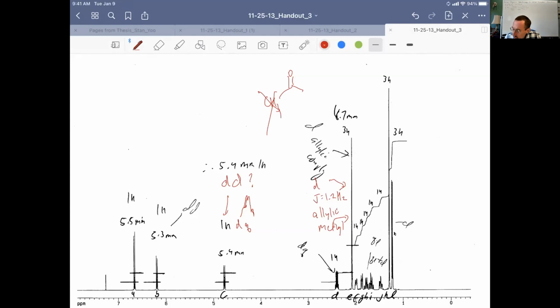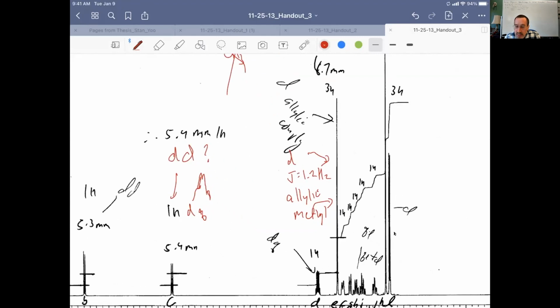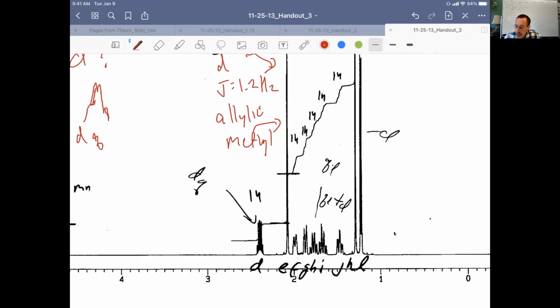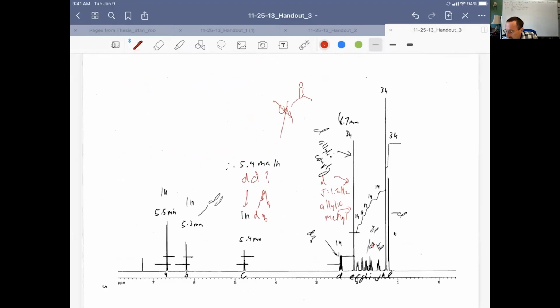Then we have a bunch of other protons, and as we inspect our way through them, we have some really nice patterns here. We have a QD, another QD, a triplet of doublets over here. We have a methyl singlet over here at about 1.3.